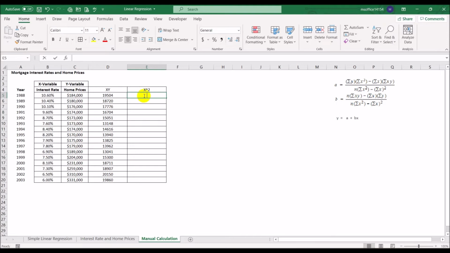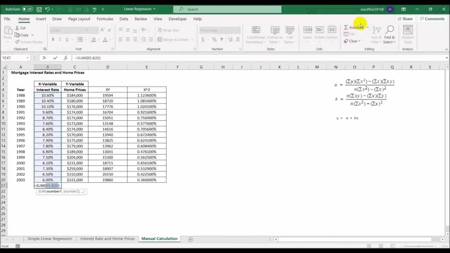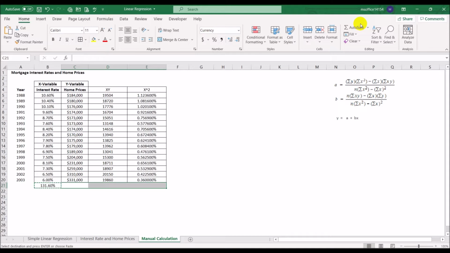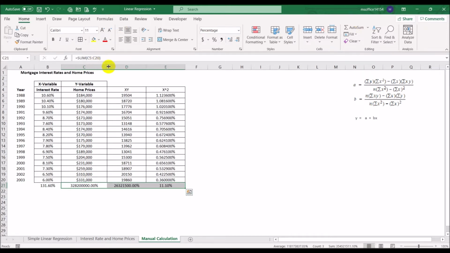X squared would be x into x, and let's bring this down. We really don't need this, but we do need the summation, so we use the auto sum function here, hit enter, and copy this formula across. I just need to make this a little thicker.